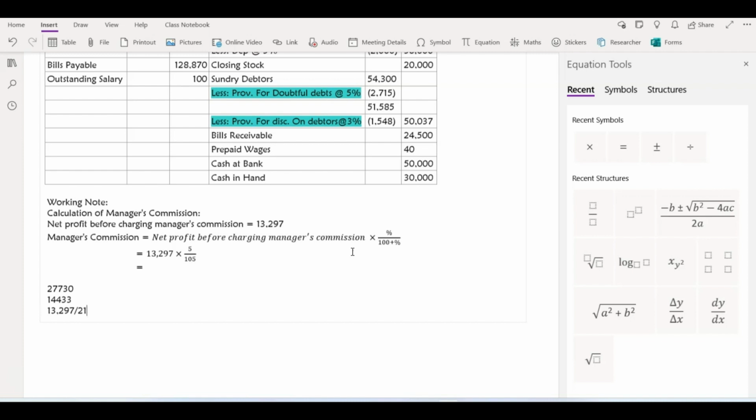21, 5 ones are 5, 5 twos are 10, 21 into 6, 6 ones are 6, 6 twos are 12, 21 into 7, 7 ones are 7, 7 twos are 14.